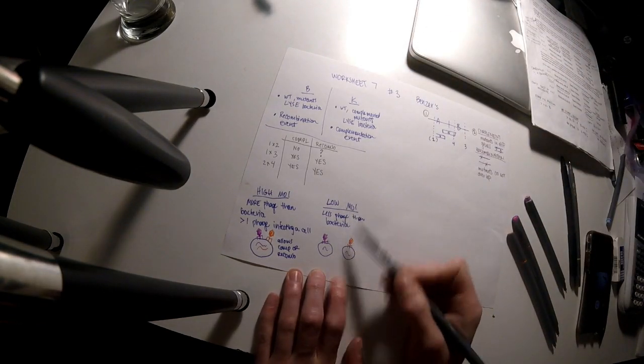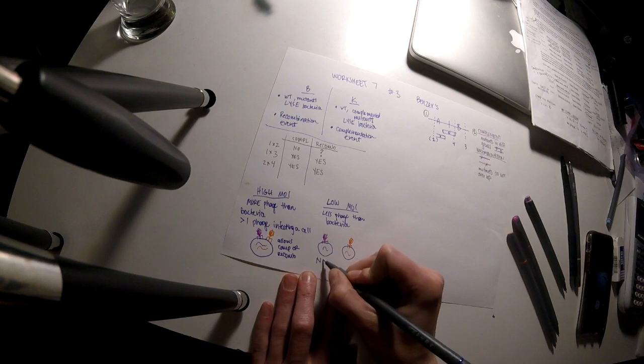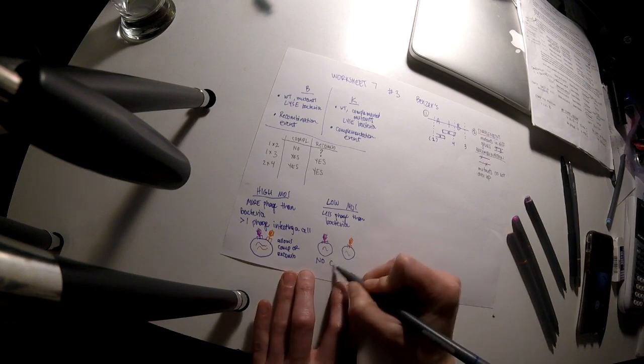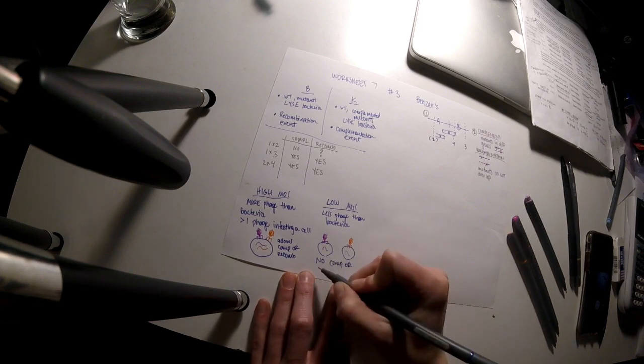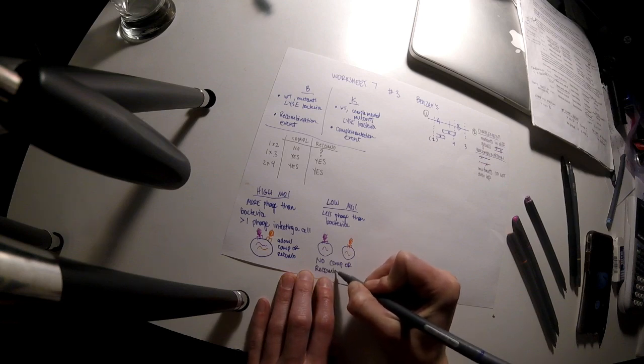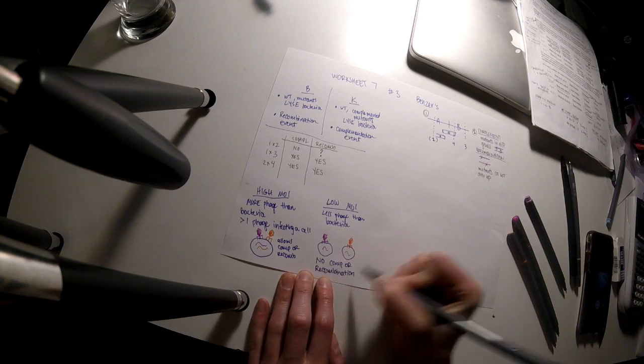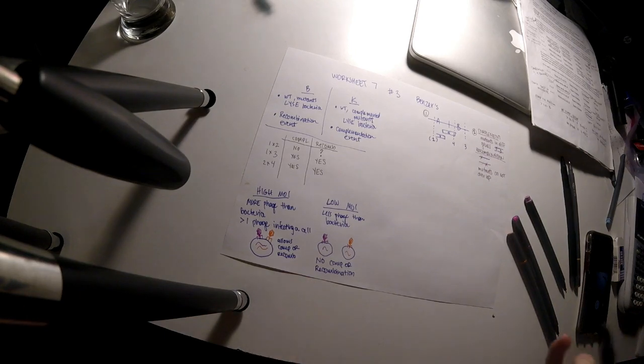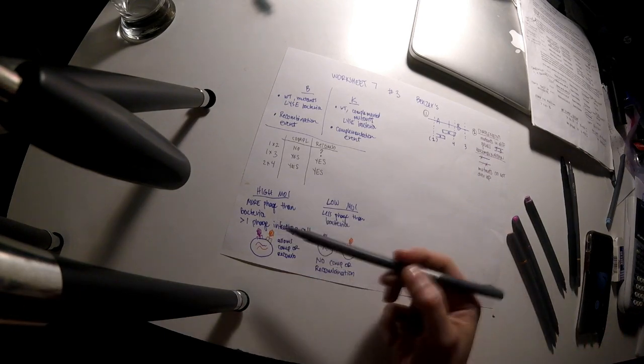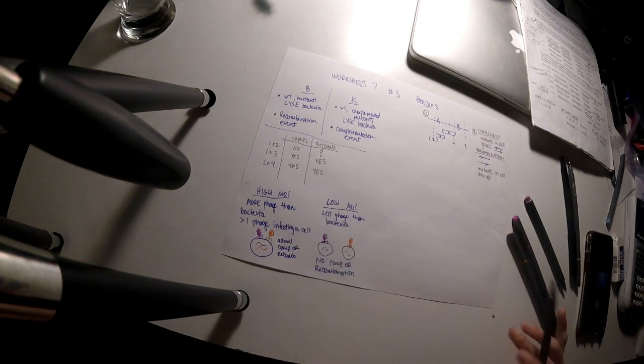So if you're at a low MOI, this means you will not have any complementation or recombination. Okay? So this is the difference between high and low MOI.